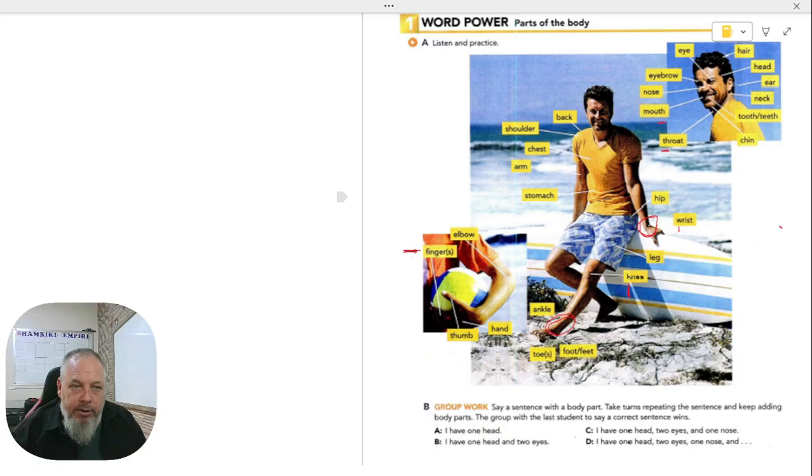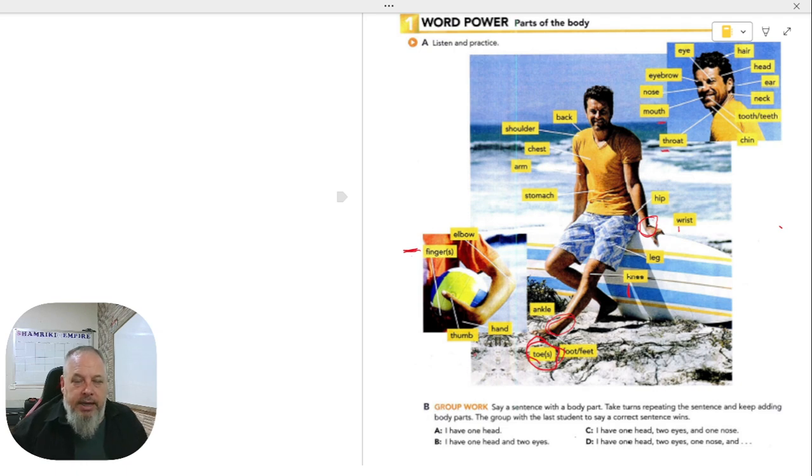Here. Fingers. Foot. Toes. We have elbow. This is your elbow here. This part. Your elbow. And your thumb. Right? So, fingers, thumb.